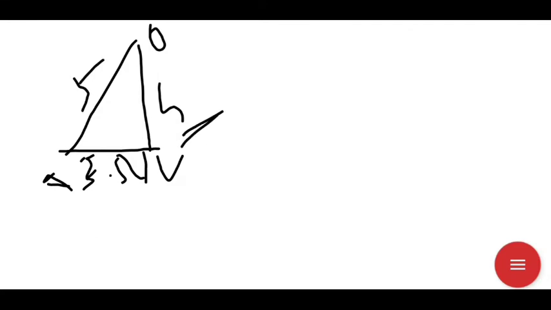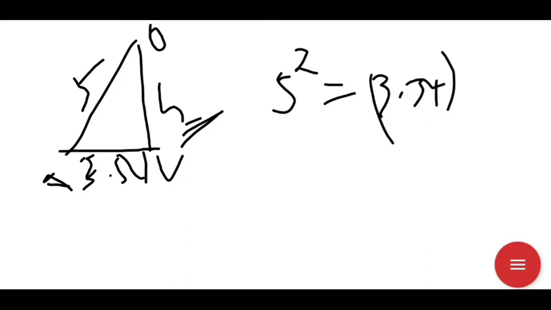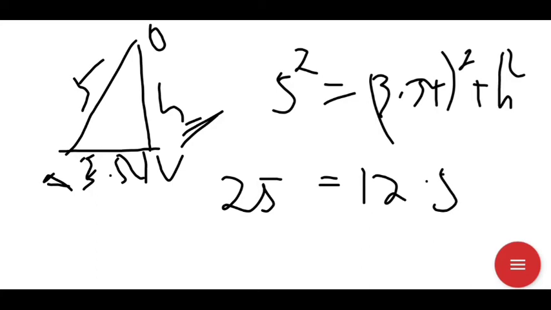So I can now find the height. Again, applying Pythagoras theorem, 5 squared equals 3.54 squared plus h squared. So 25 equals 12.5 plus h squared.